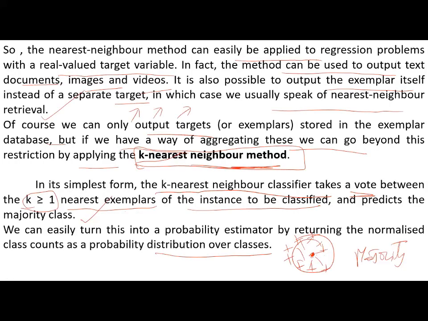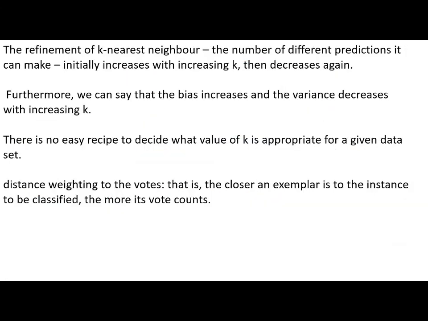So finally, for the k nearest neighbor, the number of different predictions it can make initially increases with increasing k. K equals 1, 2, 3: the number of different predictions that can be made initially increases, but then decreases again. This is the theoretical result.